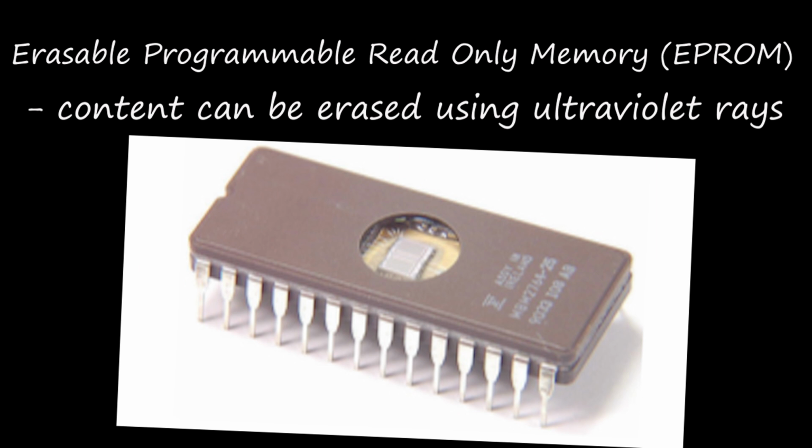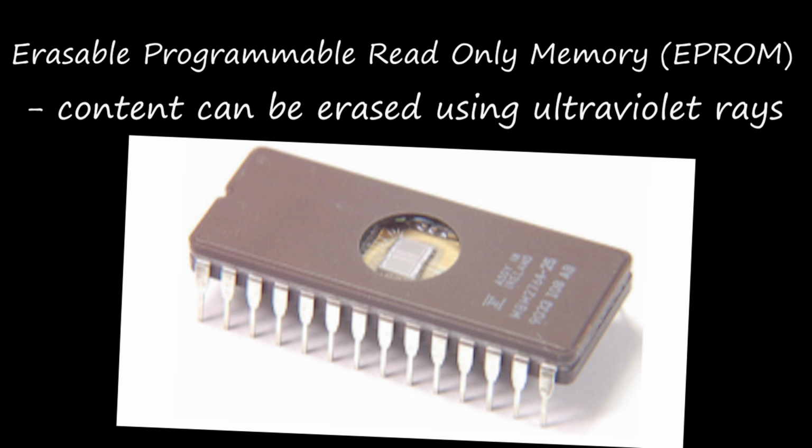This may come for 1 mark, 2 marks, and in the 2019 or 2018 exam they have asked for 3 marks also. The answer is only a single word, ultraviolet rays or UV rays. How can we delete the content or reprogram the EPROM? Write the words ultraviolet rays. Using ultraviolet rays, we can erase or reprogram the memory.